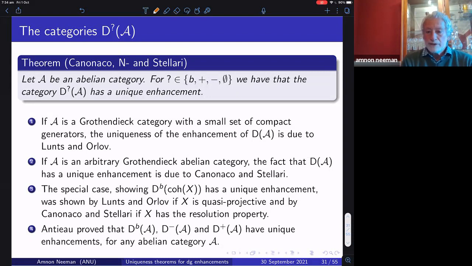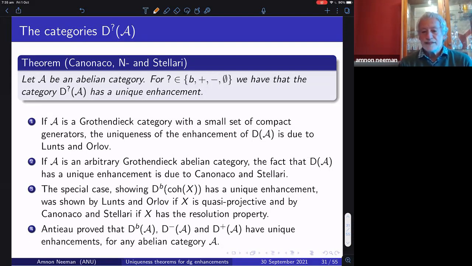Now, what about bounded categories? The special case of the bounded derived category of coherent sheaves was proved by Lunts and Orlov if X is quasi-projective, and by Canonaco and Stellari if X has the resolution property. And as I said, Antieau's paper is a real jump.